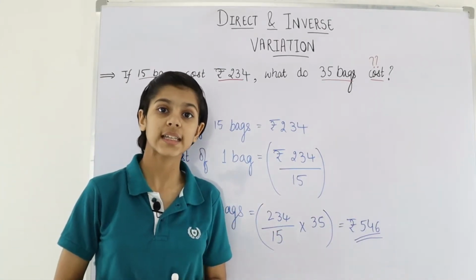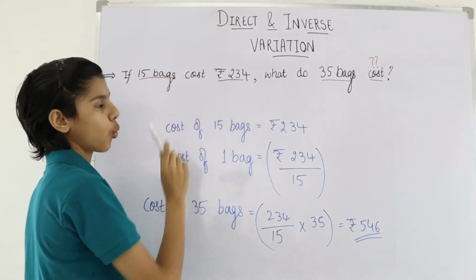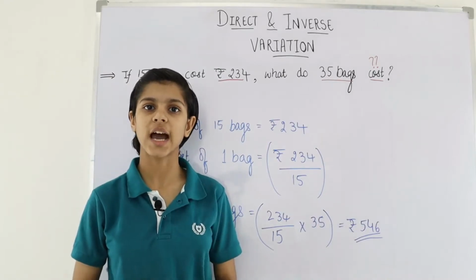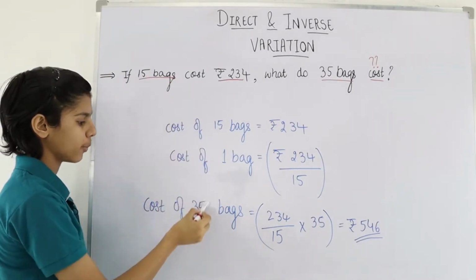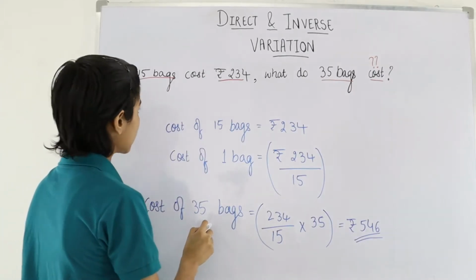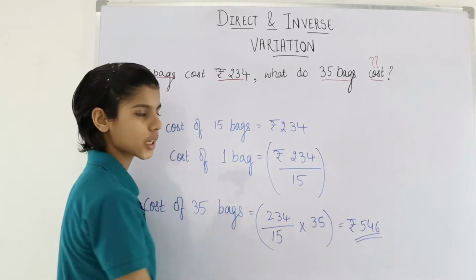Now you can see here that these variables, bags and its cost, are related to each other directly. See, from 15 bags, the number of bags got increased to 35. So the cost also got increased.